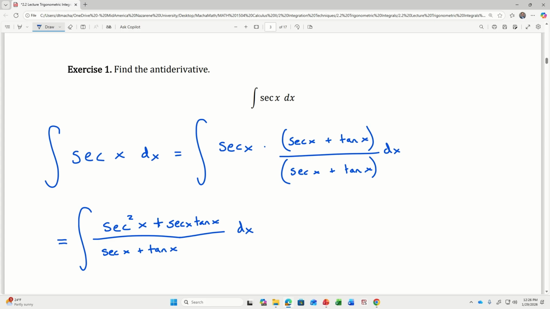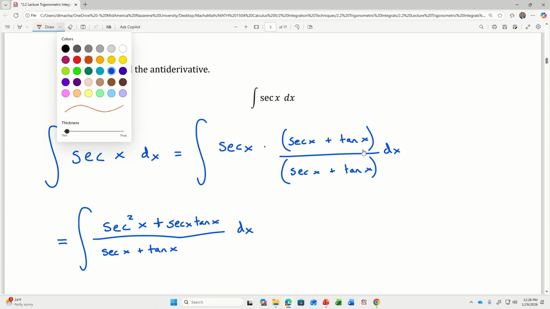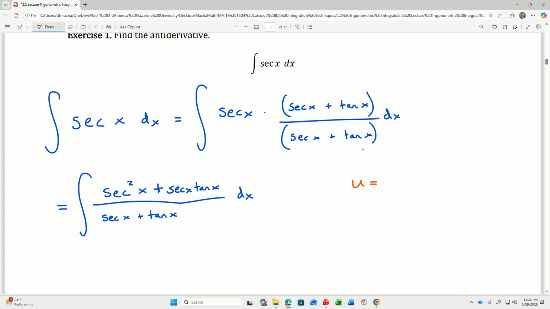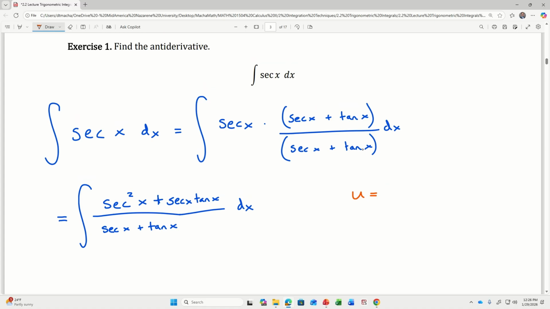Now we might do a u substitution. And what is the u in the u substitution? So we could try that. We could say secant squared.